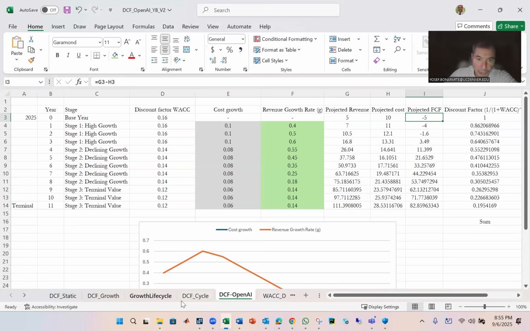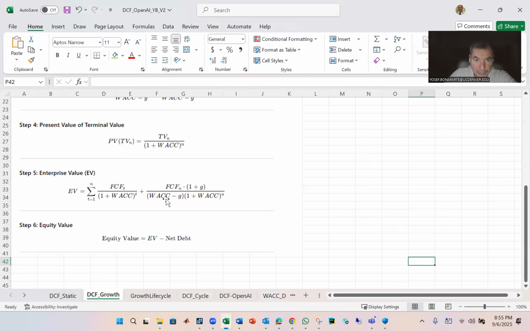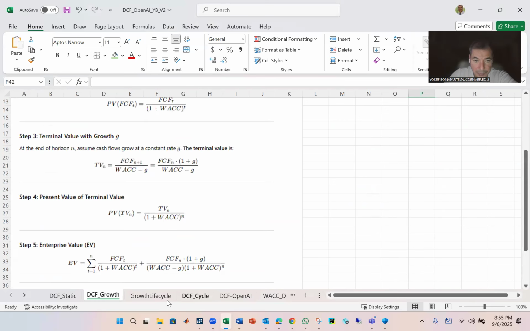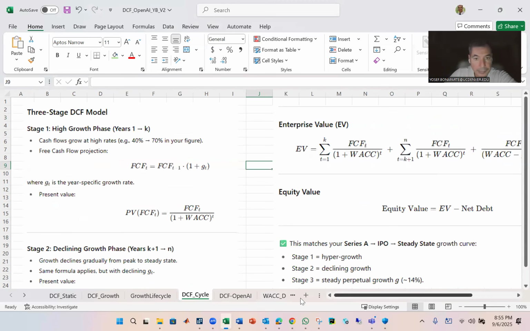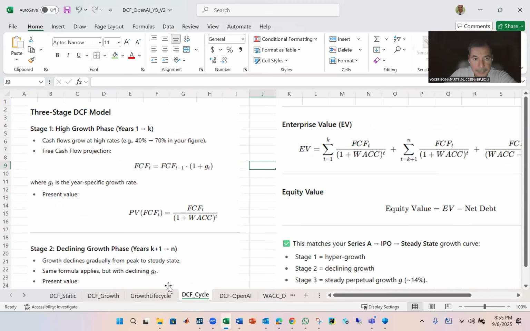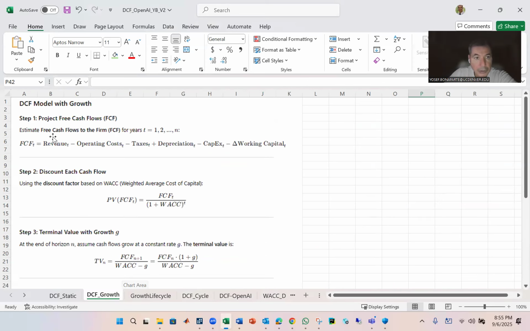But here is the difficulty. Unlike this DCF growth model, here is the problem we have: revenue and operating costs. The revenue is growing fast, operating costs are growing but less.